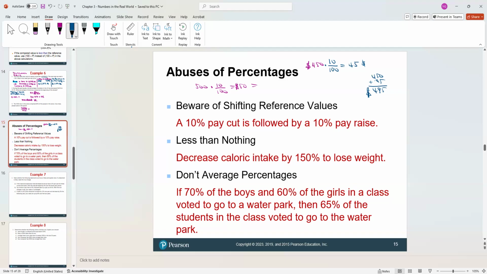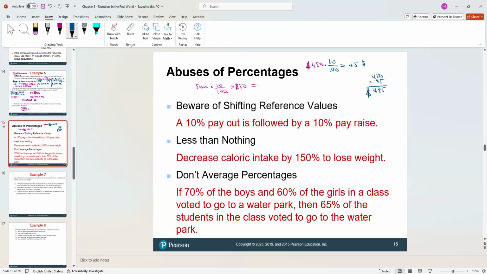Now, don't average percentages. That's very important also. Suppose 70% of the boys and 60% of the girls in the class voted to go to a water park. Then 65% of students in the class voted.